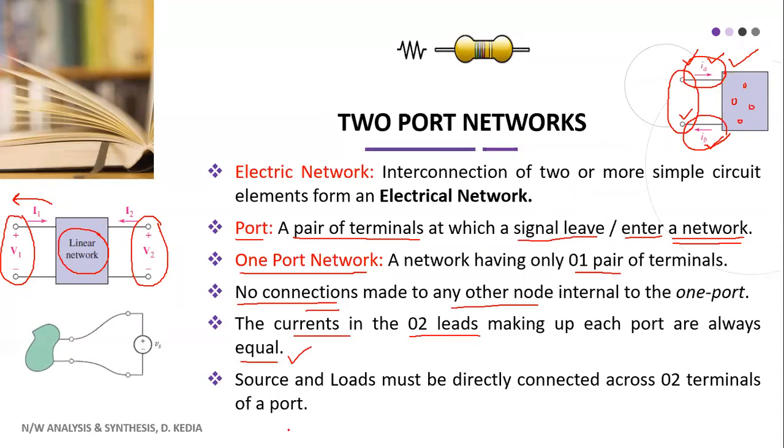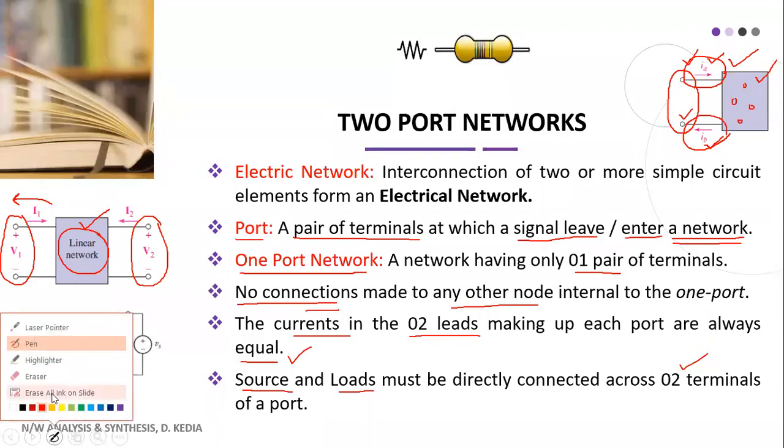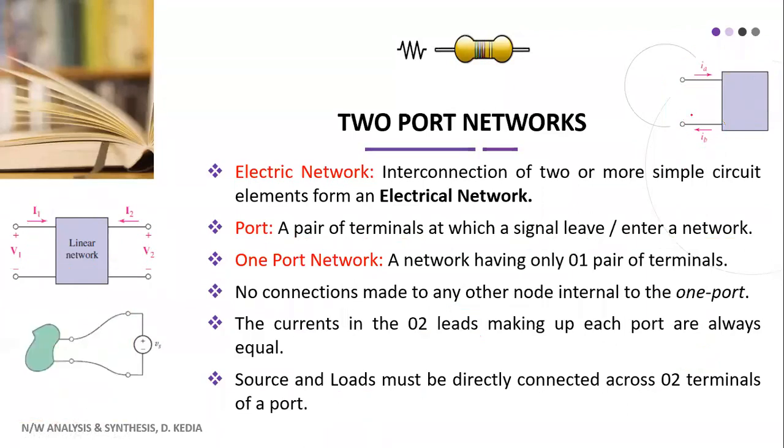Another thing is that your source and loads must be directly connected across the two terminals of a port. What does it mean? When we are representing the linear network with the help of a rectangle, if we want to apply some voltage in this network, obviously that will be done across these terminals only.